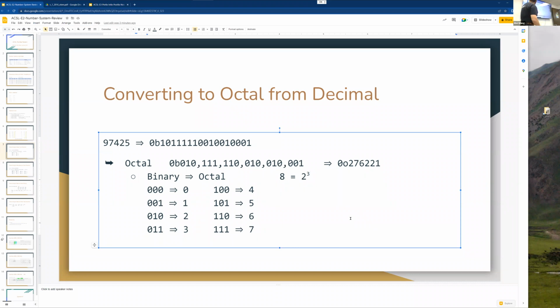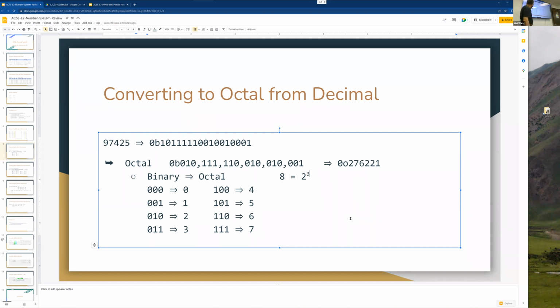What you need to do is divide this number by 8, and you also get these remainders, and then you can convert that decimal number to octal.